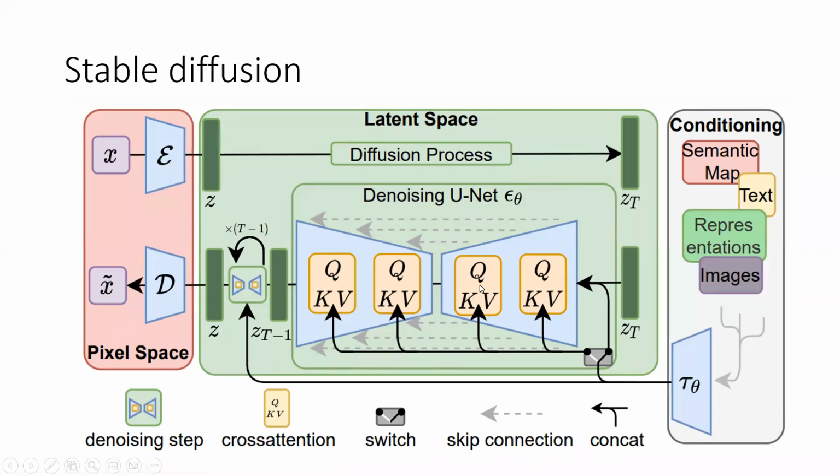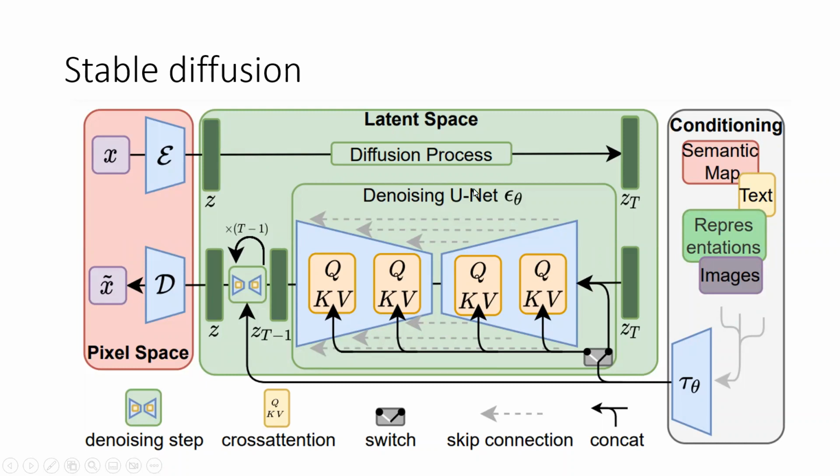And we pass ZT through that denoising UNet, capital T times, to arrive at a vector Z0 in latent space, which we then pass through a decoder D to obtain a sample X tilde in pixel space once more. So that's the basic overview. Without going into details, this is just the general diffusion process.